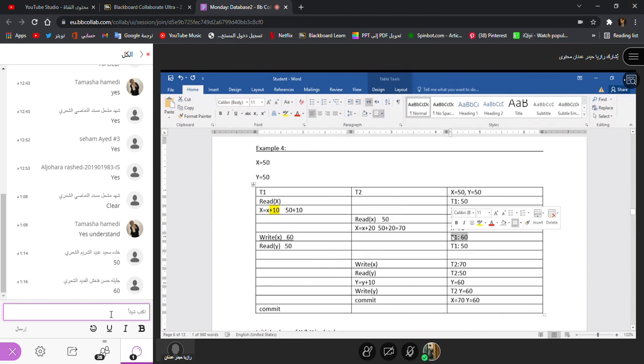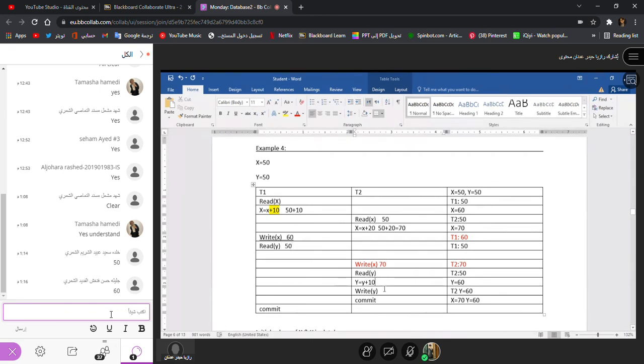Actually, these are the problematic values. And this write performed here, and it changed the x to 70. Then y is simple, because it only reads y, so no problem.